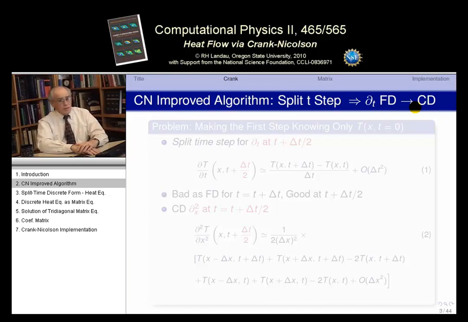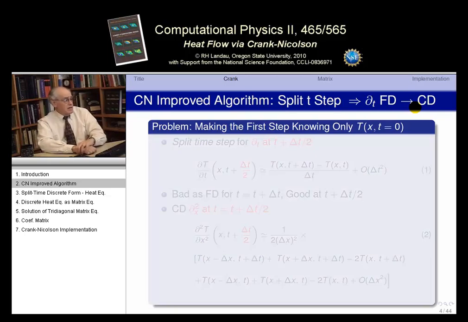The second derivative in space was accurate enough. Okay? So the problem is, how do you get going then when all you know is one row at time 0? If we knew what the solution was at an earlier time as well, then we could use that to move ahead and have a forward difference method.